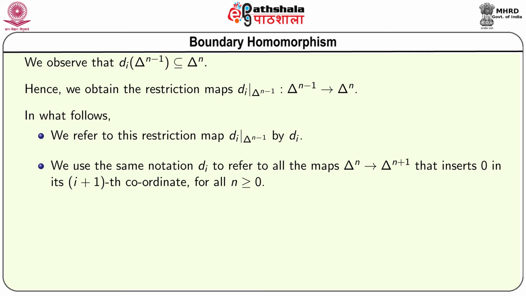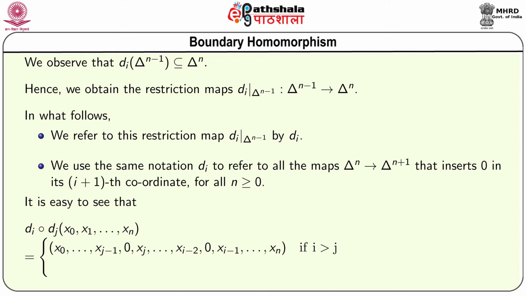So, if we write d_i from, say for example, delta 2 to delta 3, we will use the same notation d_i to refer to the map from delta 3 to delta 4 and so on. And we will understand from the notation which map we are talking about.